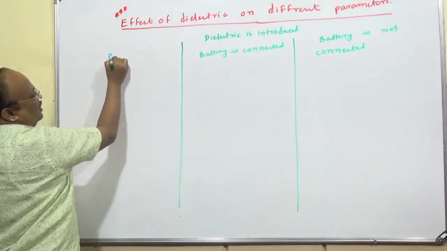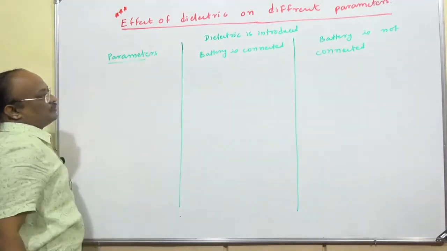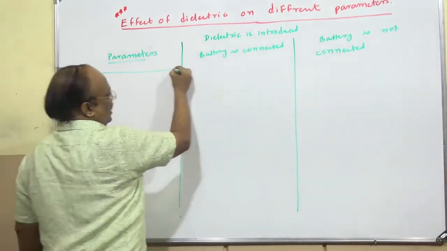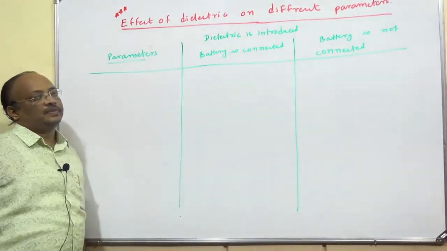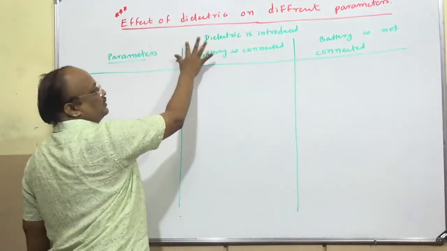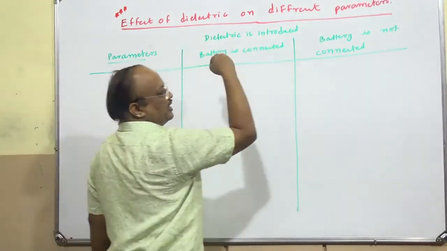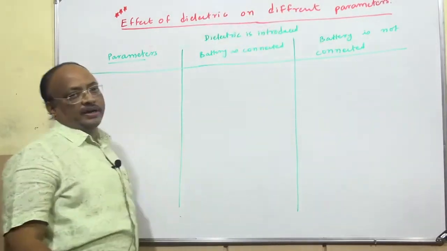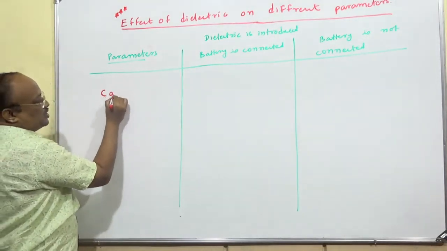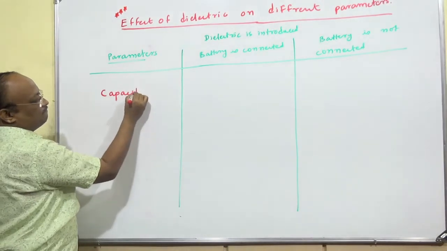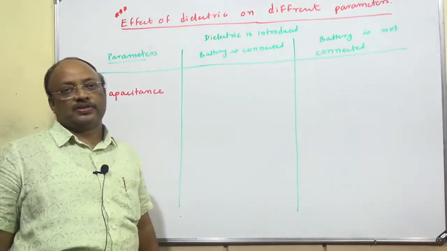And these are different parameters. When the battery is connected and when the battery is not connected, you are introducing the dielectric. In both cases, battery is connected here, battery is not connected here. What happens to the capacitance? First we will see.